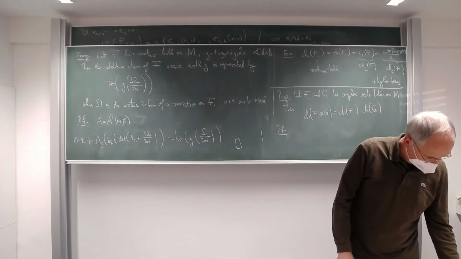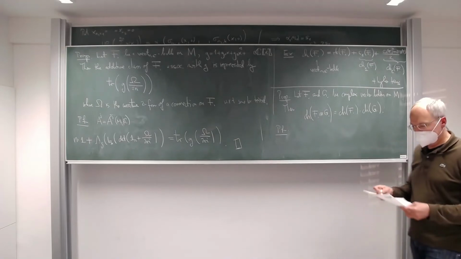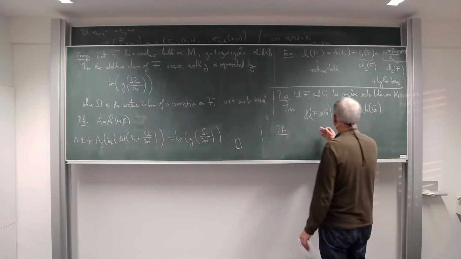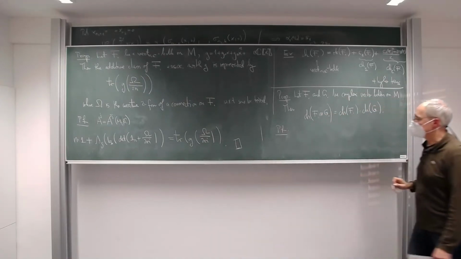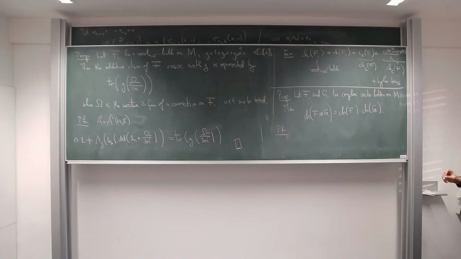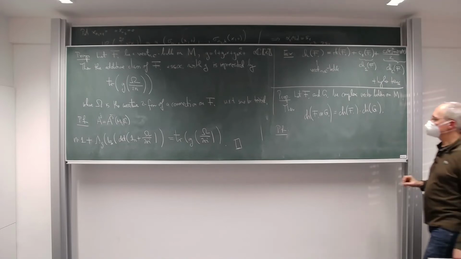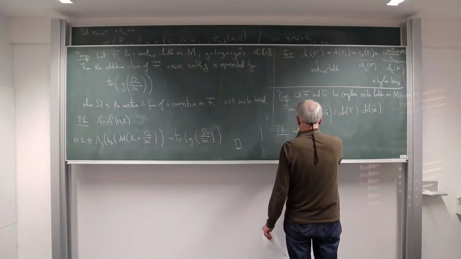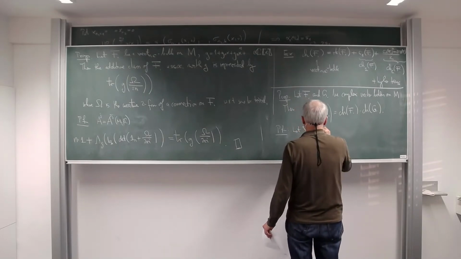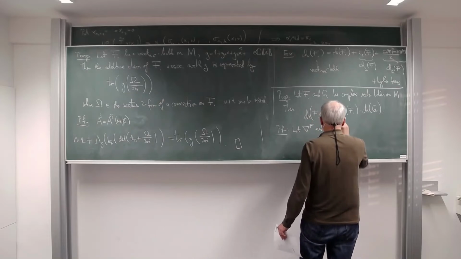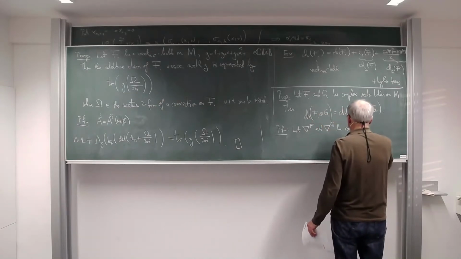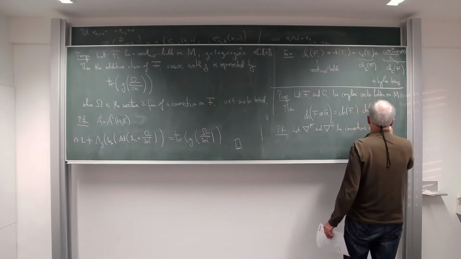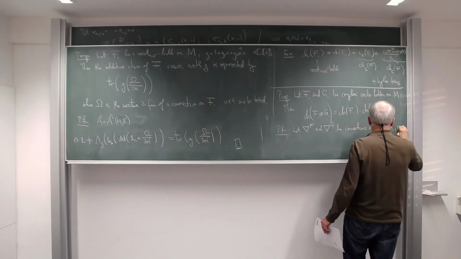And why is that true? Let's see. Well, we are free to choose any connections on our bundles and to compute the representing forms. So let's start with connections on F and G. Let nabla F and nabla G be connections on F and G respectively.